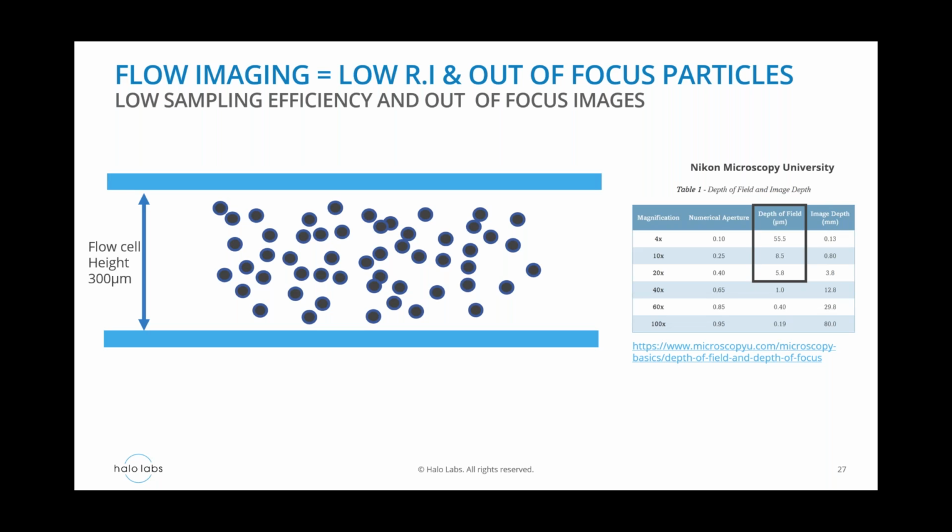The higher the magnification, the fewer particles are going to be in focus, or the smaller your depth of focus. Even with the smallest of objectives, only about 55 microns are going to be in focus. For a 300 micron channel, where you're just using pressure-driven flow, you're only going to have 10 to 20% of those particles truly in focus. You can try to play tricks on this, but physics is physics, so you can't really get around it.